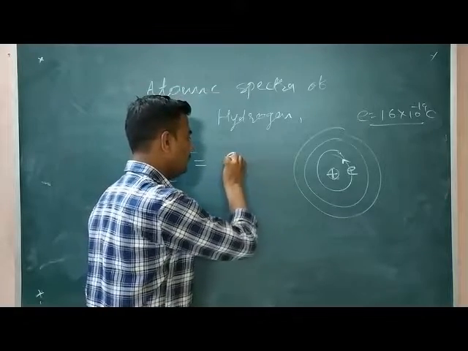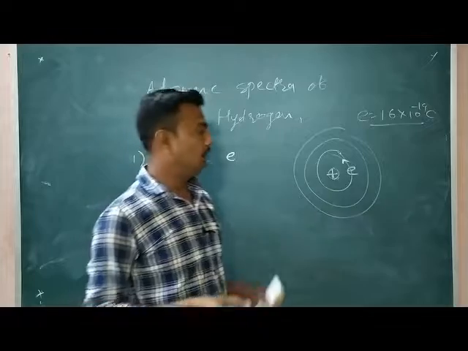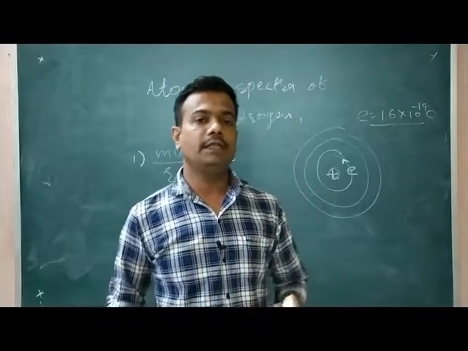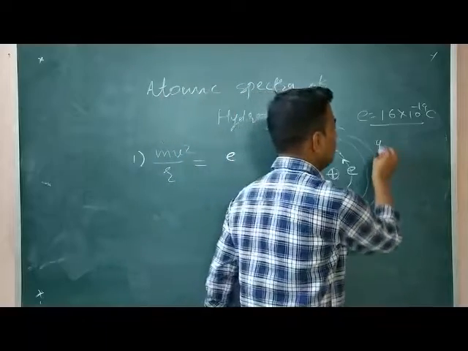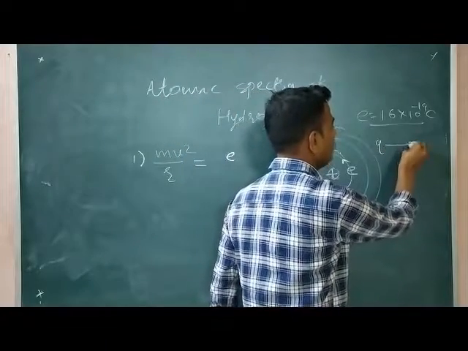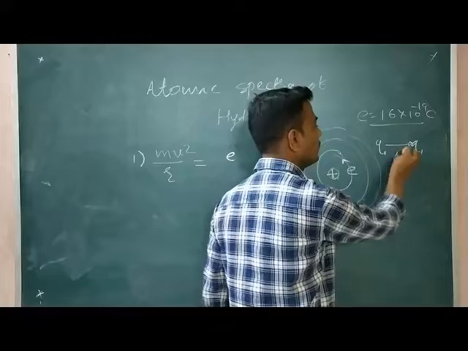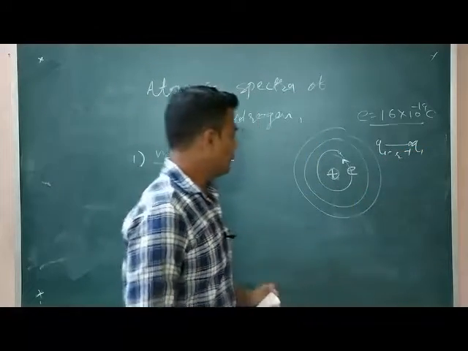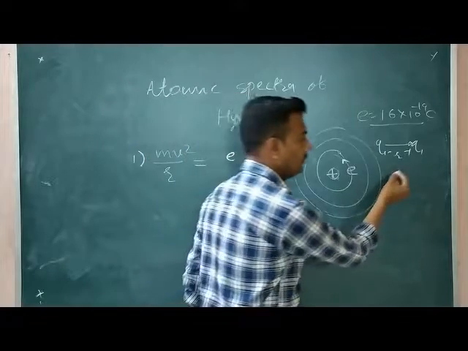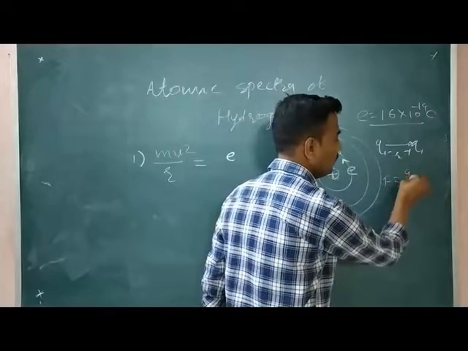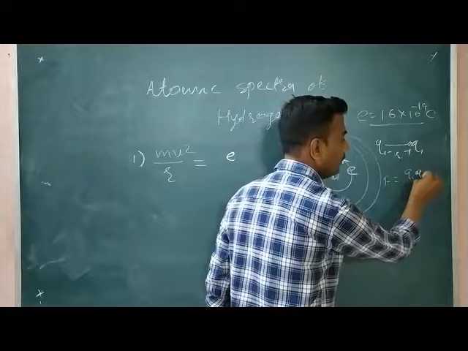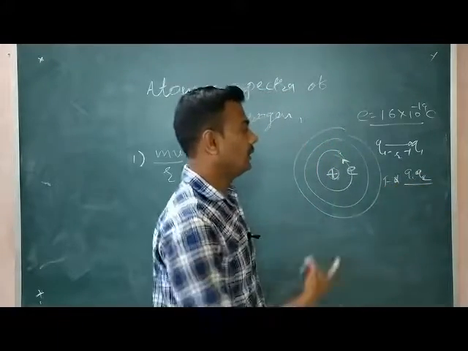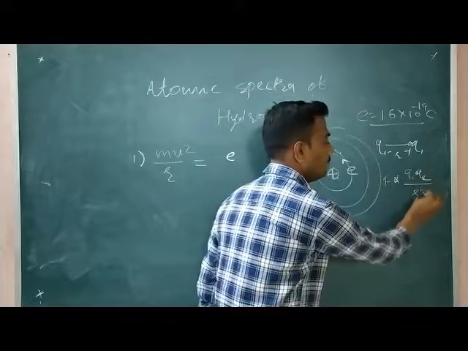If there are two charges, q1 and q2, separated by a distance r from each other, the force of attraction is directly proportional to the product of their magnitudes and inversely proportional to the square of the distance between them.